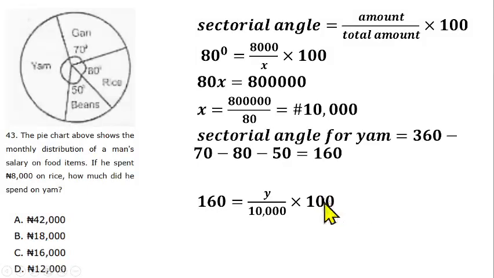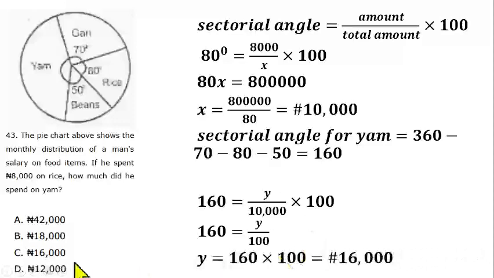I don't know why I keep writing 100. This is also 360. So please simplify that. You will get an answer. The answer is not 16,000. So use 360 here and use 360 here. Then you'll be able to get the answer. That's a typographical error.